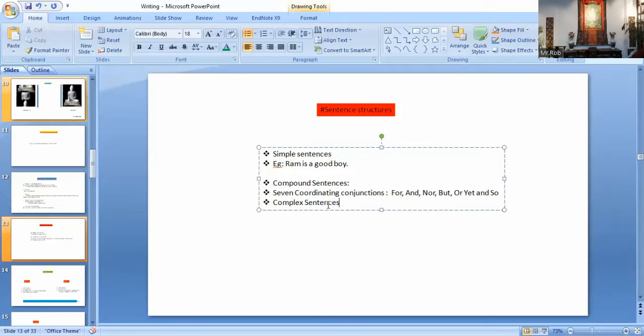And you can also build complex sentences.